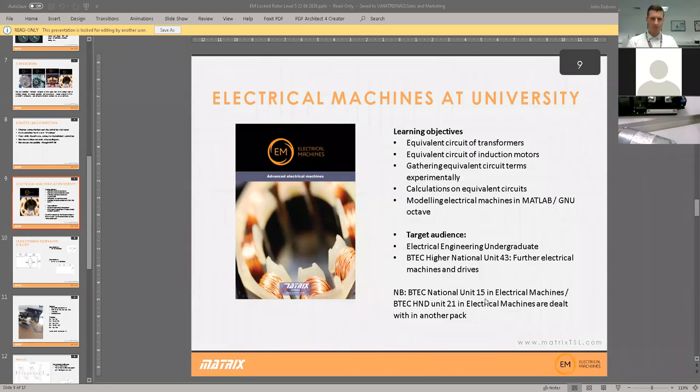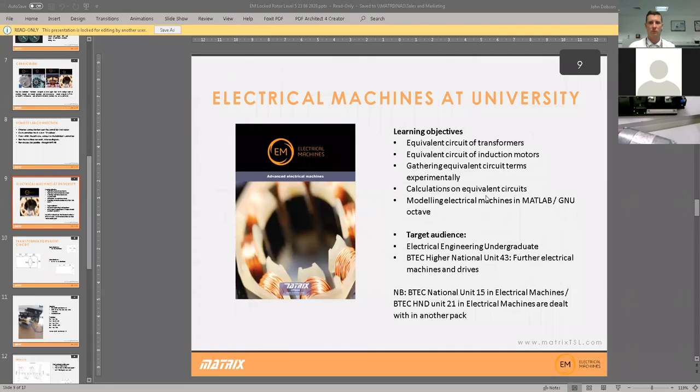Okay, good afternoon. Just run through these points then. What we're going to show you is how you can teach the equivalent circuits of transformers and induction motors. You can use the equipment to deduce the equivalent circuit terms experimentally. I'll show you briefly the calculations and how they're made, and some results of the modeling that we've done.